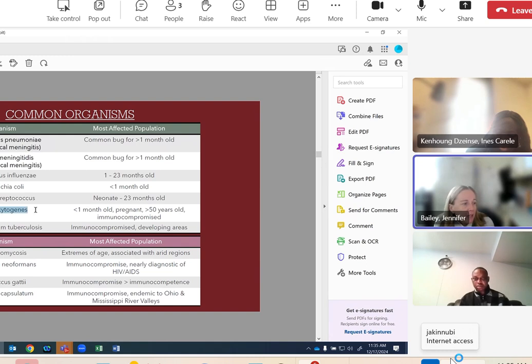And then Listeria is an important gram-positive pathogen that tends to be worrisome in young and older patients.